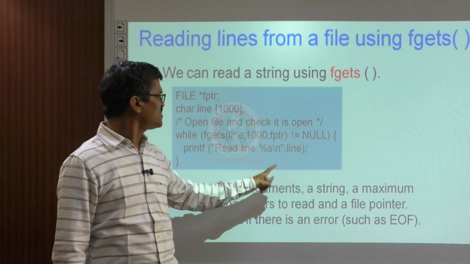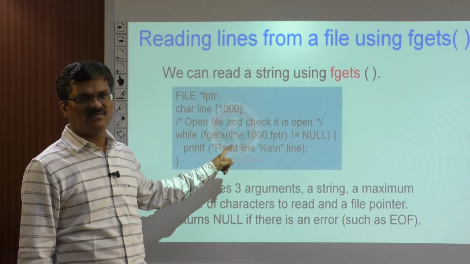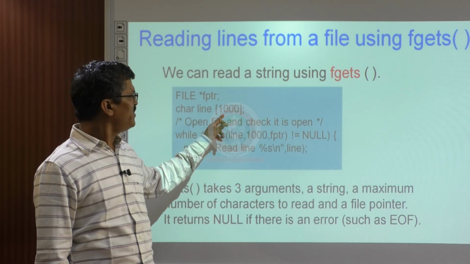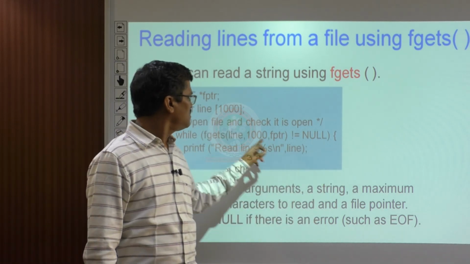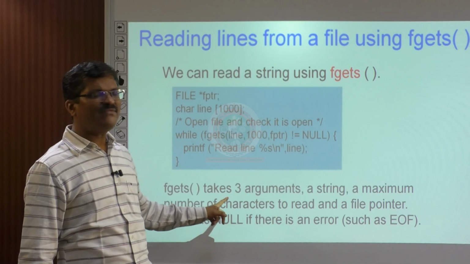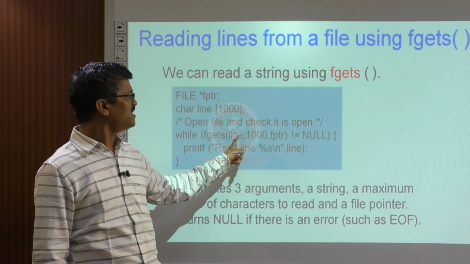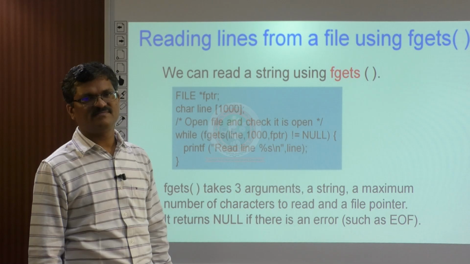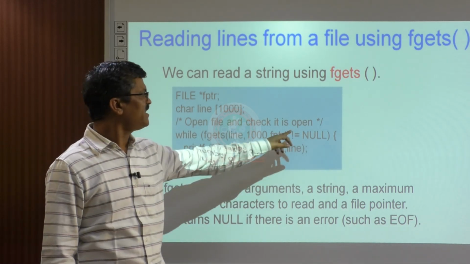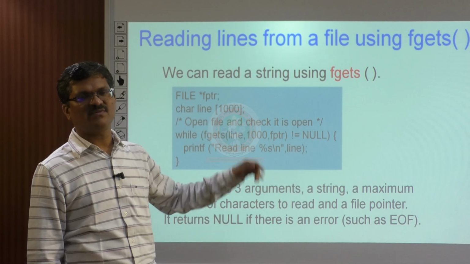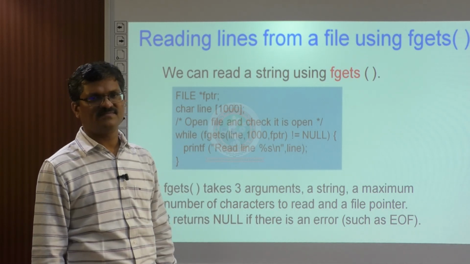The first argument is a string, an array of characters that we define here. We define the maximum number of characters that can be read or held by this line array. And fptr is a pointer that starts reading from the first character.